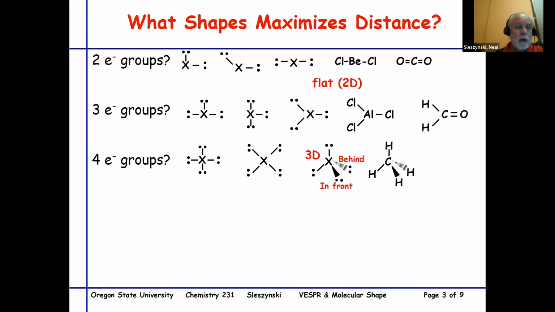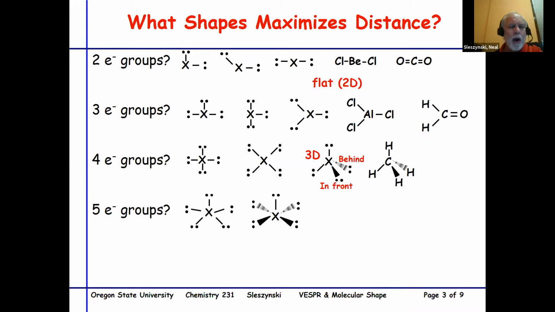Well, let's move on to 5 electron repelling groups. I could try to do that in a two-dimensional shape. And if my high school geometry serves me correctly, I believe that's 72 degrees between those repelling electron pairs. I could try popping that up into three-dimensional space.